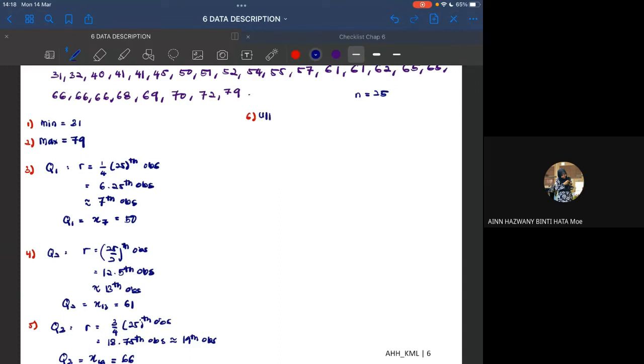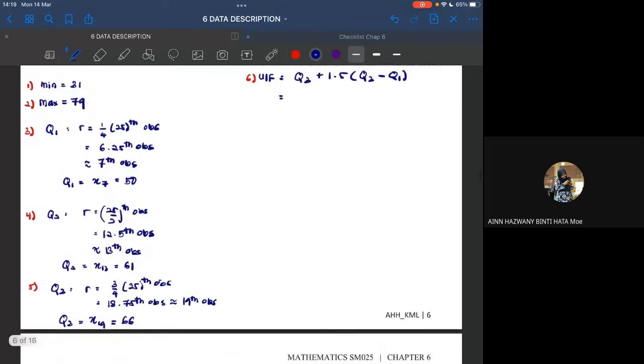Upper inner fence is equals to Q3 plus 1.5 times Q3 minus Q1. Q3 kita ialah 66 plus 1.5 times 66 minus 50. What's the answer here? 90.